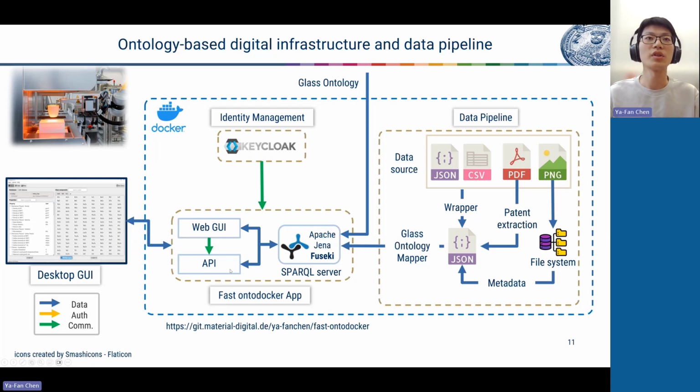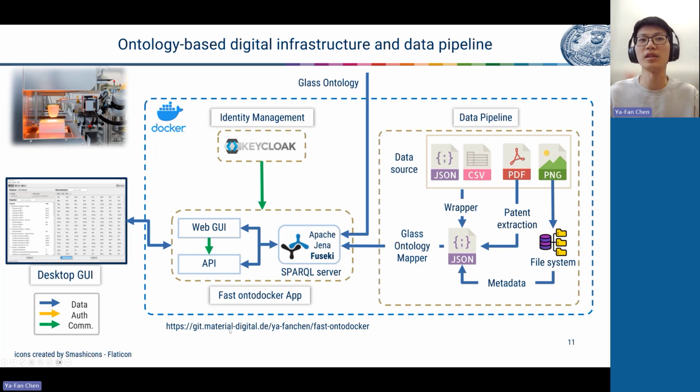Once the user is authorized, they can access our database, either in the web GUI or using the desktop GUI. The connection between the GUI and the backend uses the API key generated inside the ontodocker app.